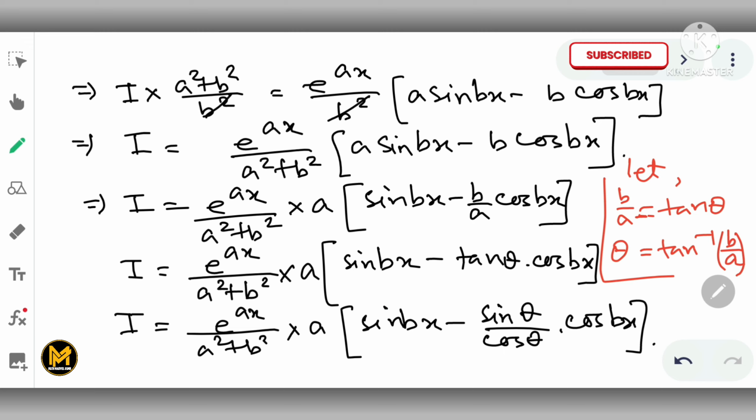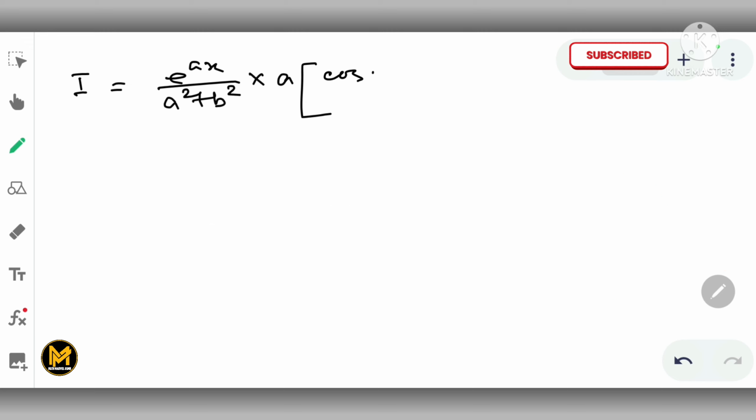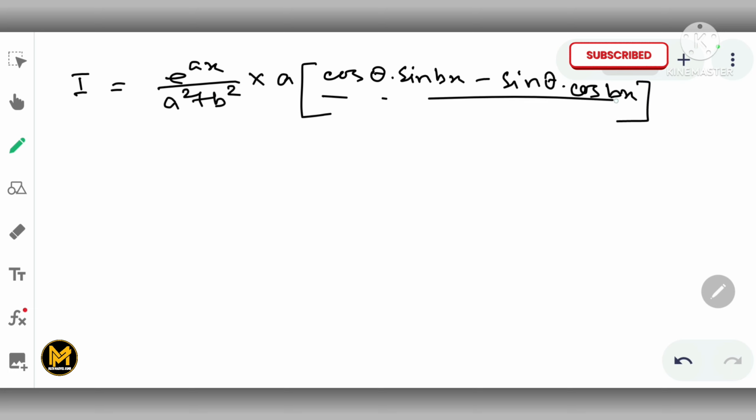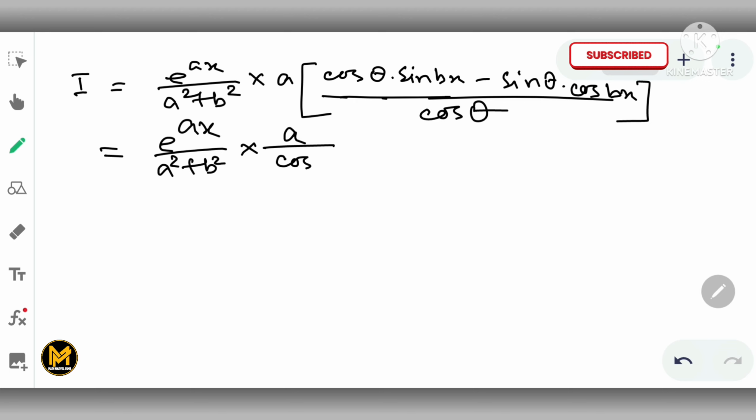Now if we do LCM we will get cos theta into sin bx minus sin theta into cos bx, divided by cos theta. So cos theta will be outside and that will be a divided by cos theta, and the inside part will be in a formula, that is sine of bx minus theta.